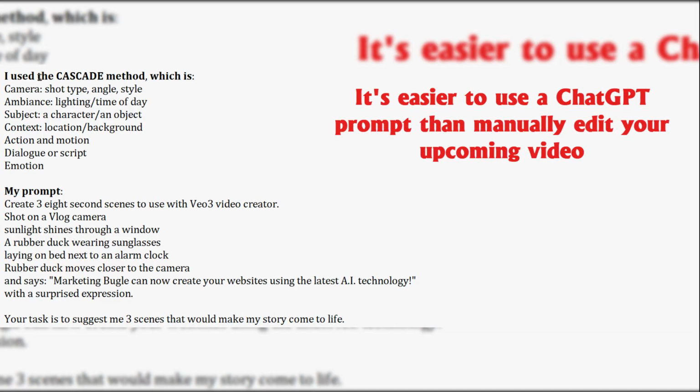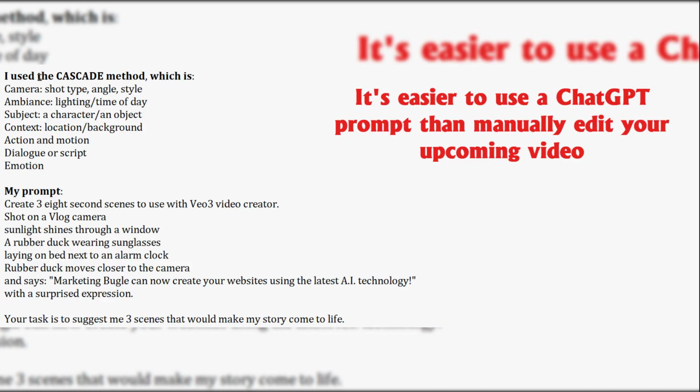As I said earlier, it's much easier to use a ChatGPT or your favourite AI platform prompt than manually edit your upcoming video. So I used something called the cascade method, which means camera, ambience, subject, context, action and motion, dialogue or script and emotion. If you can add those to your prompt in that order, I came up with: create 3 8-second scenes to use with VEO3 Video Creator, and of course that is what's inside of Canva, so that's what I did.